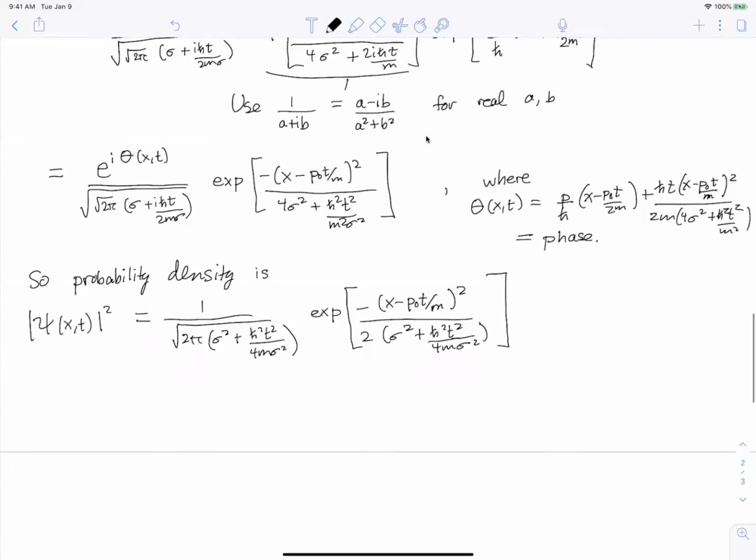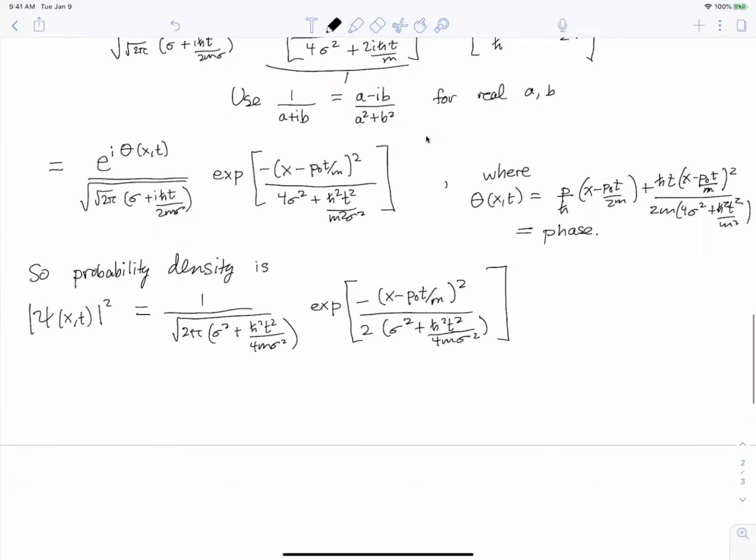Okay, so what did we find out here? We found out that at time t later, this Gaussian wave packet, or the thing that started out as a Gaussian wave packet, is in fact still a Gaussian. It's just that its center has moved to p0t over m.